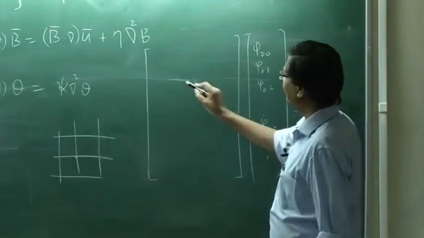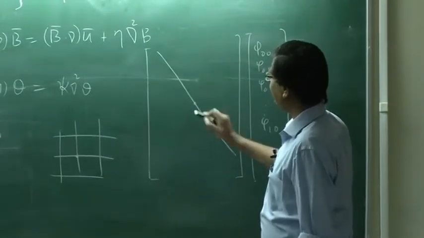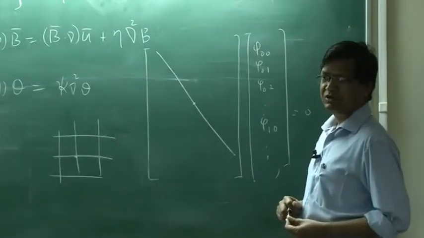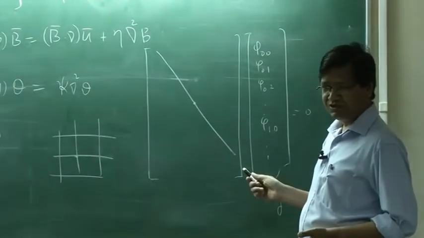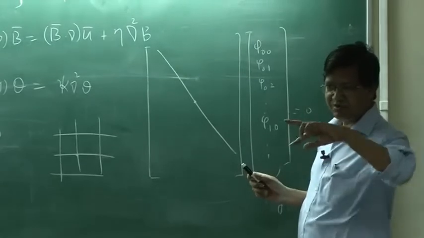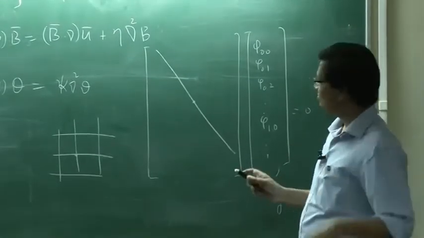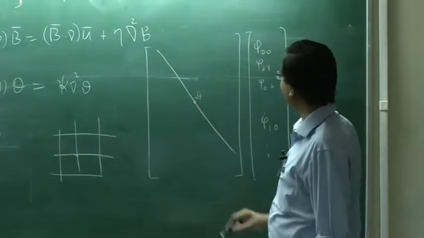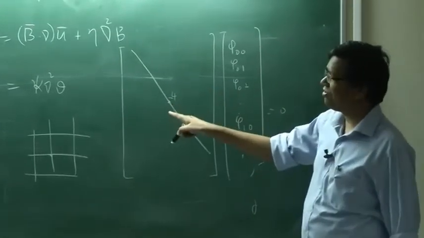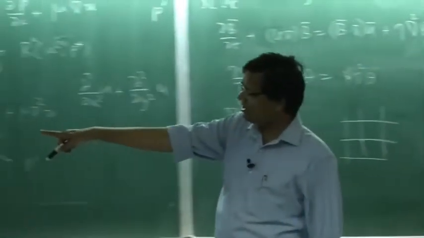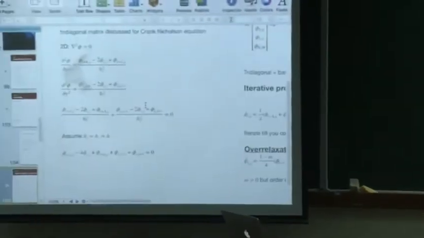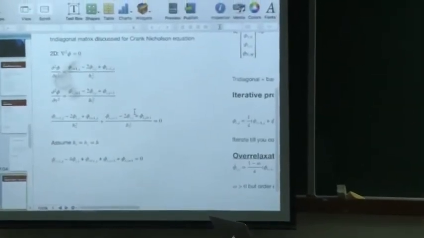So, let us look at phi ij. It involves phi i plus 1 j and phi i minus 1 j. So, phi ij has factor minus 4, and the other ones are 1 and 1.